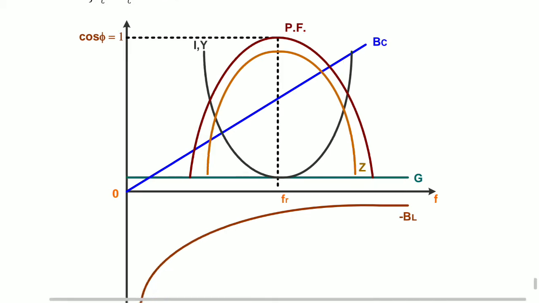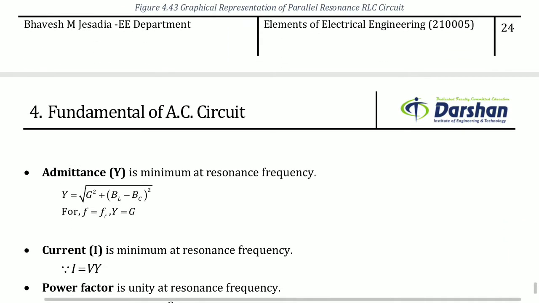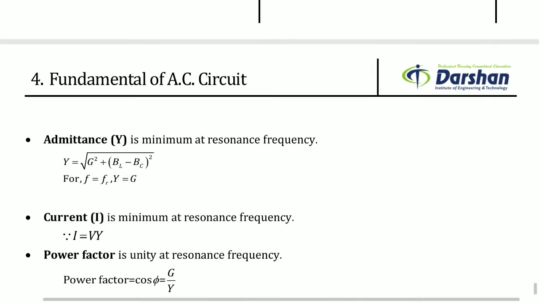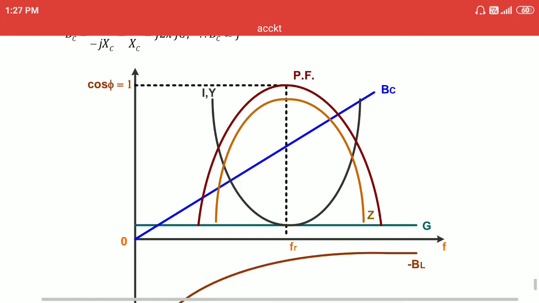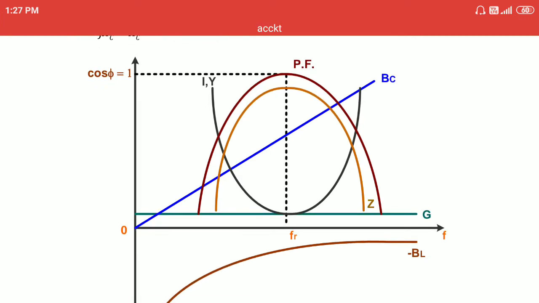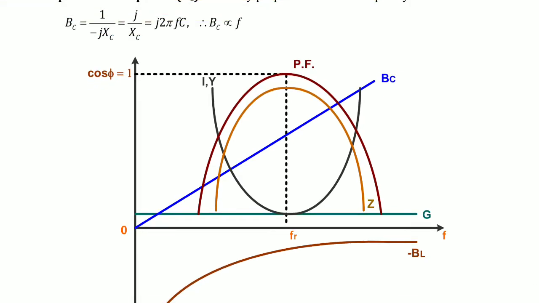Now next, go for current. At the starting, the current is maximum. If the frequency is increasing, the current will be decreasing up to resonance frequency. After that the current will be increasing from the resonance frequency to infinity frequency.